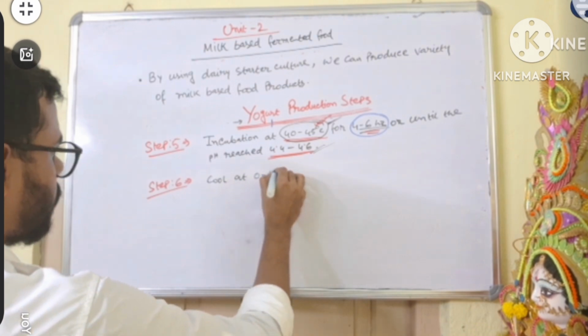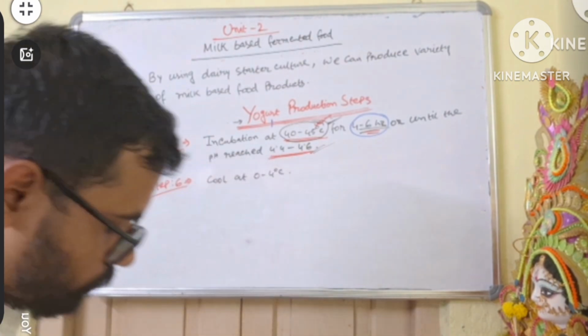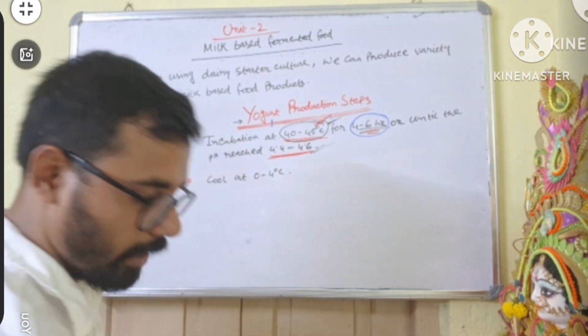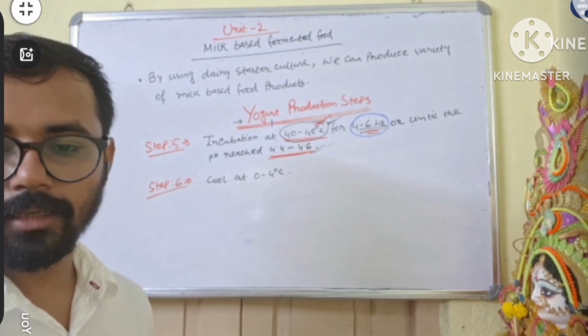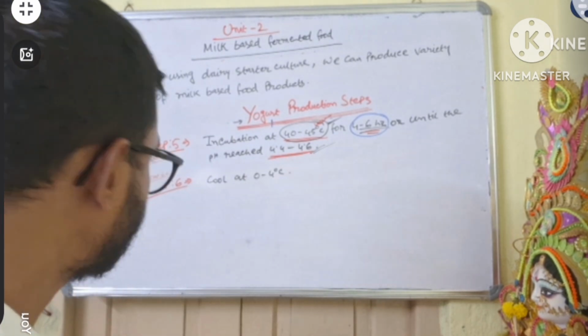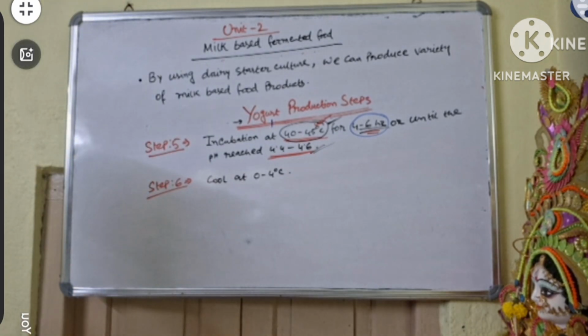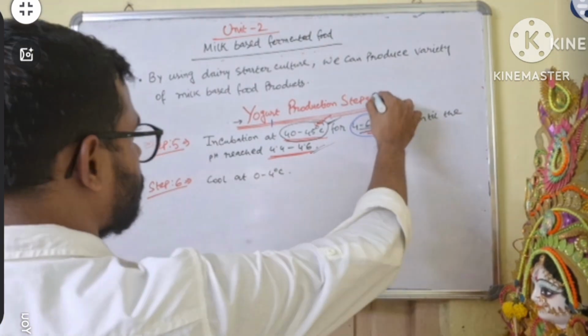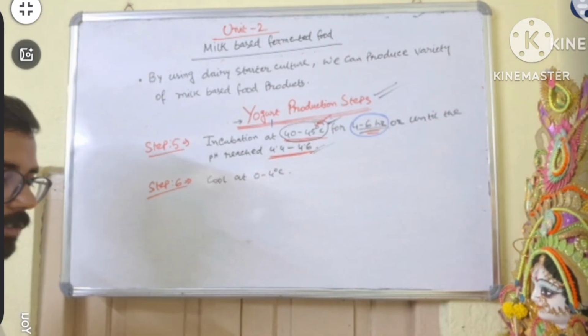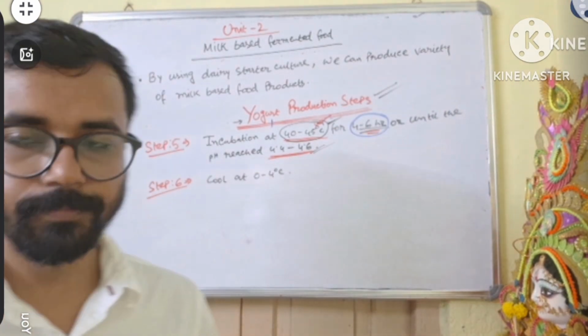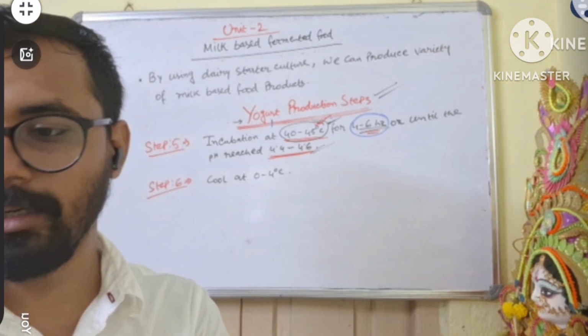Cool at 0 to 4 degrees centigrade, and that makes the yogurt much thicker in consistency after cooling. So yogurt manufacturing at industry level is complete. A total of 6 steps are needed.